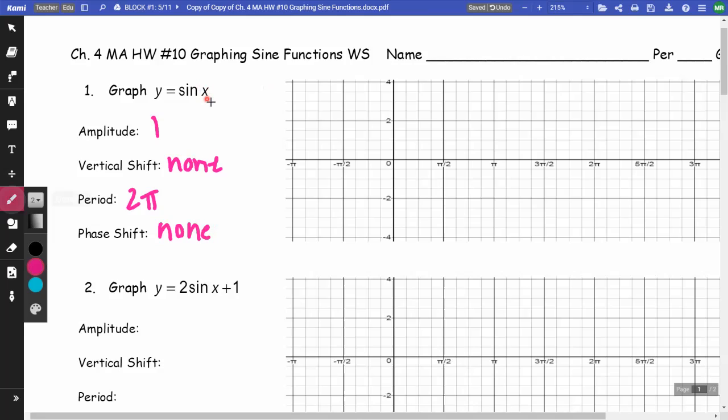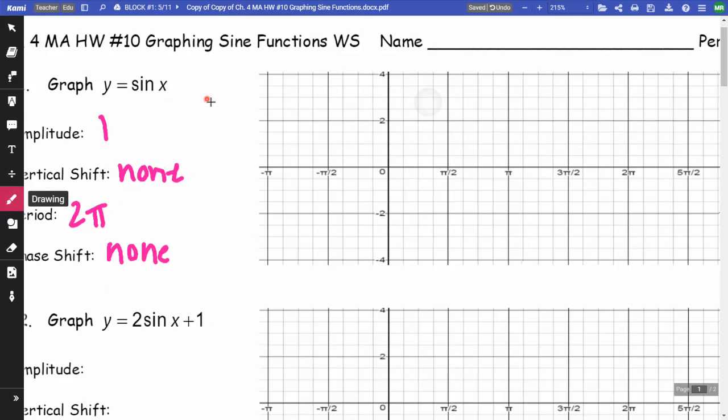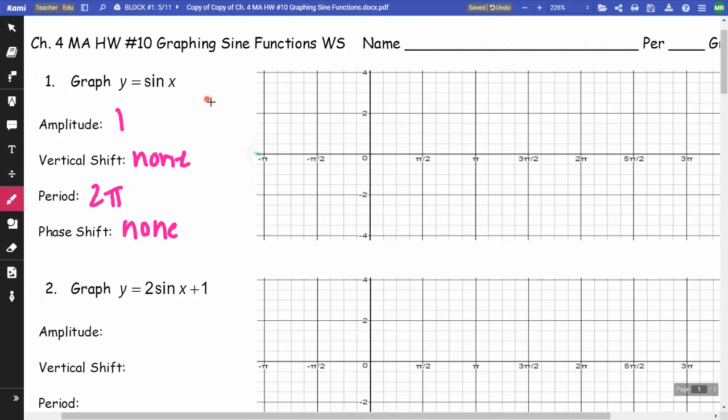When I do this, and again, you don't have to do this, I like to draw in my vertical shift. That's where my zeros are going to be, so this is going to be a little thicker. This is where my zeros should always be. This is the middle.